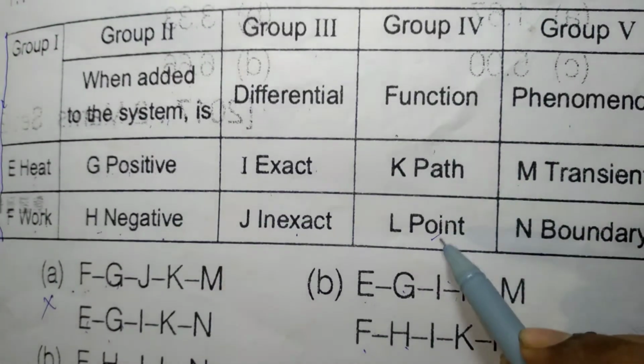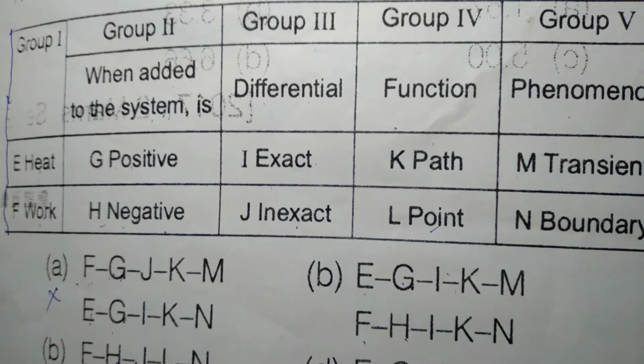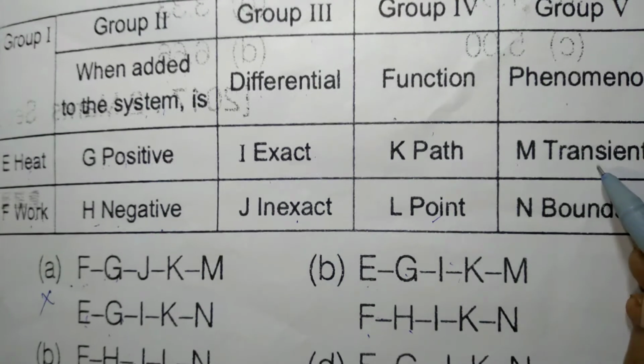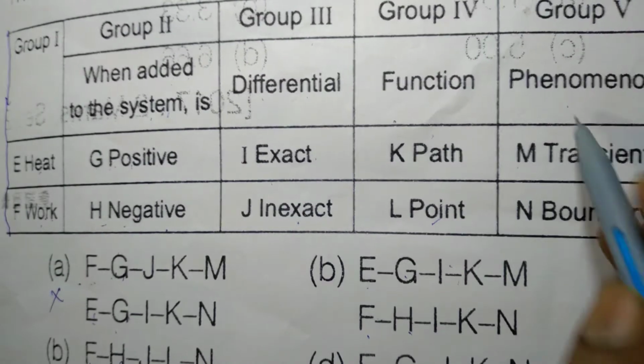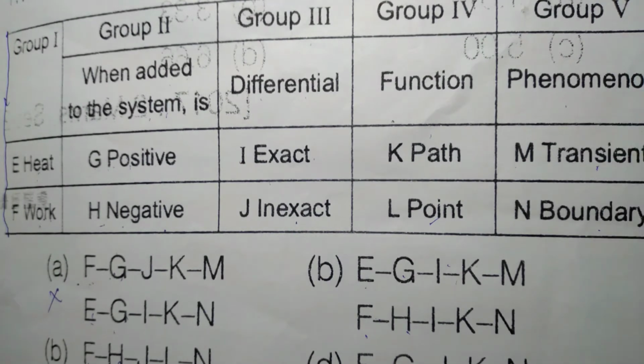And the path function, there are two kinds of functions in thermodynamics. One is point function and path function. Every property is a point function, but only heat transfer and work transfer are path functions in thermodynamics. Of course, another term, that is entropy generation, is also a path function, which you will encounter while studying entropy. And then there is transient and boundary phenomena. Those are under group 5. So we have to match.